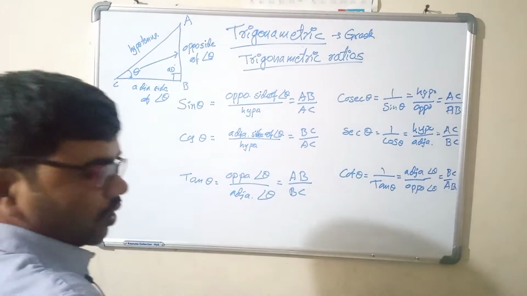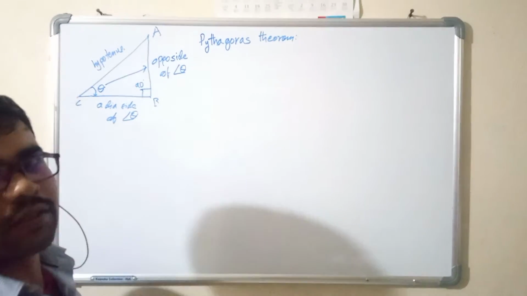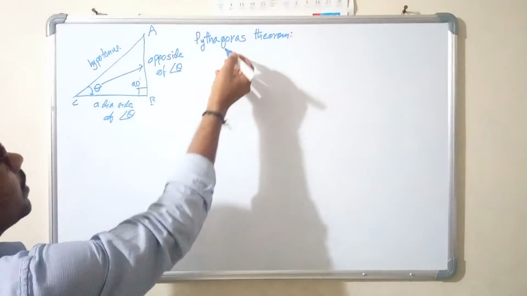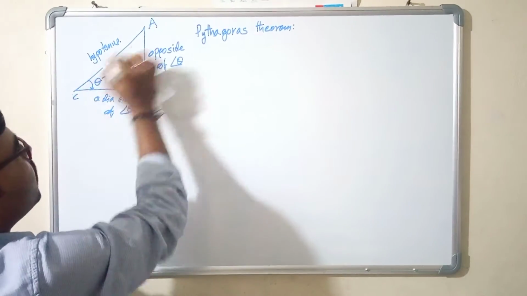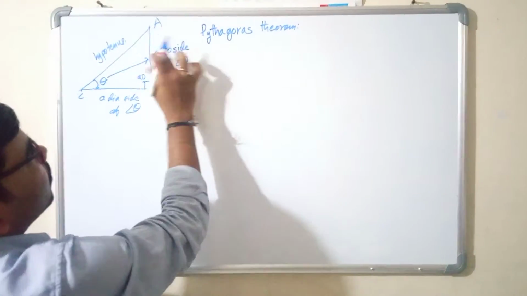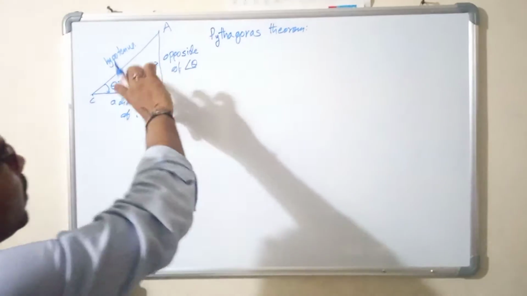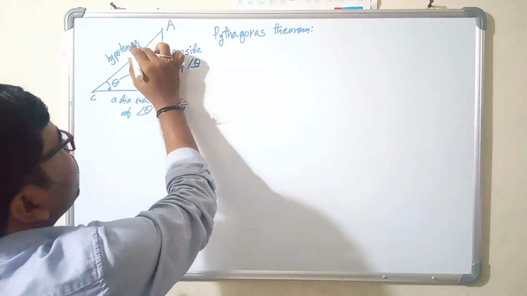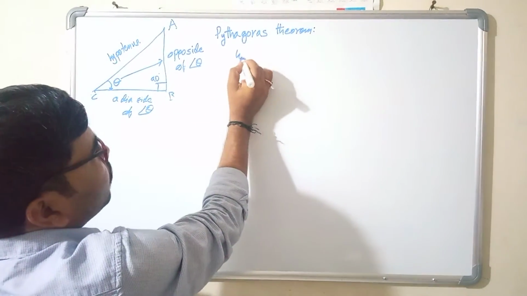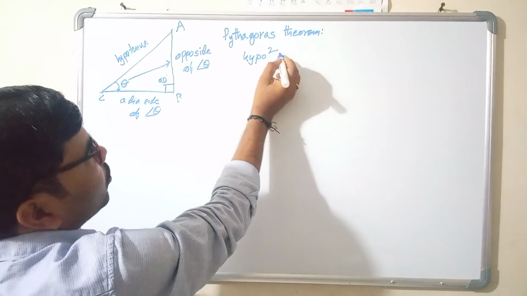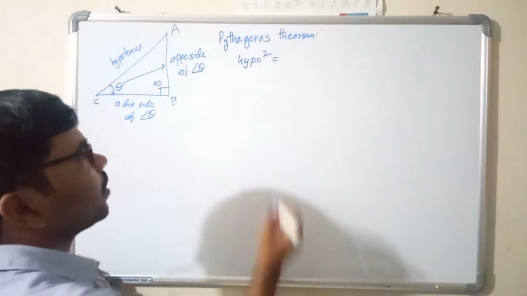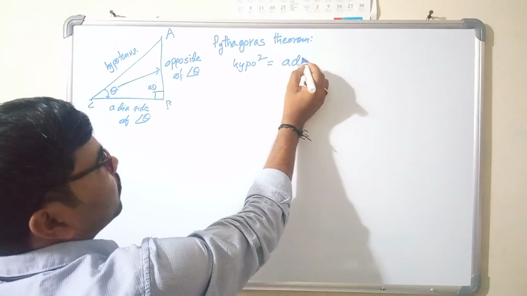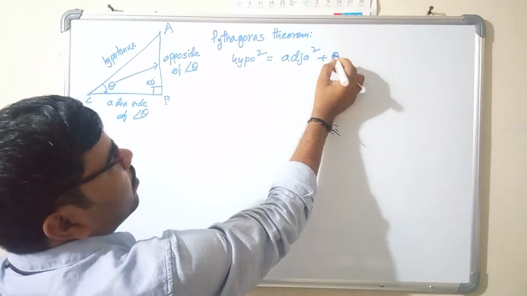Next we discuss the Pythagoras theorem, which deals with the right angle triangle. Hypotenuse square is equal to adjacent square plus opposite square.